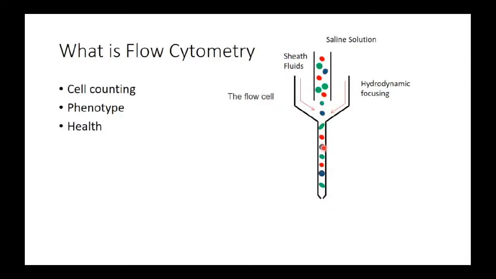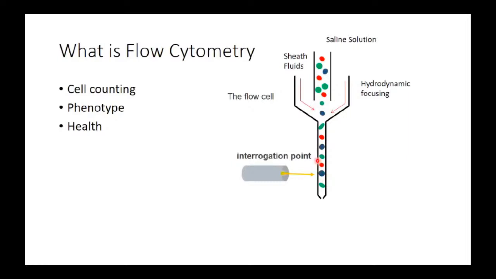It's very important to pass the cells one by one through the tube, because here I have the laser beam, and the cells should pass through the laser beam one by one. This point where the cells pass through the laser beam is called the interrogation point.